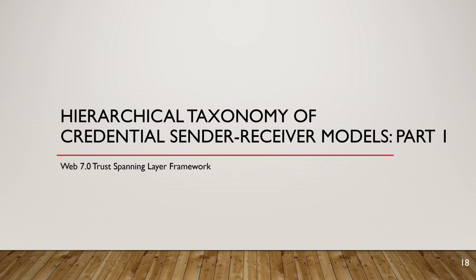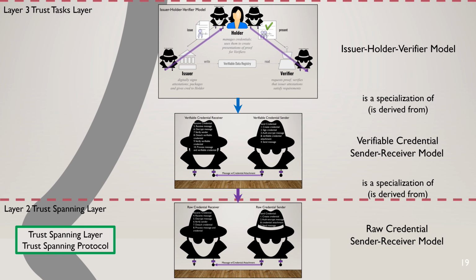So let's start to look at a hierarchical taxonomy of credential sender receiver models. Here we can see, starting at the bottom, we have the raw credential sender receiver model that we've just finished discussing. We can see that the verifiable credential receiver model is a specialization or a derivation of that raw credential sender receiver model.